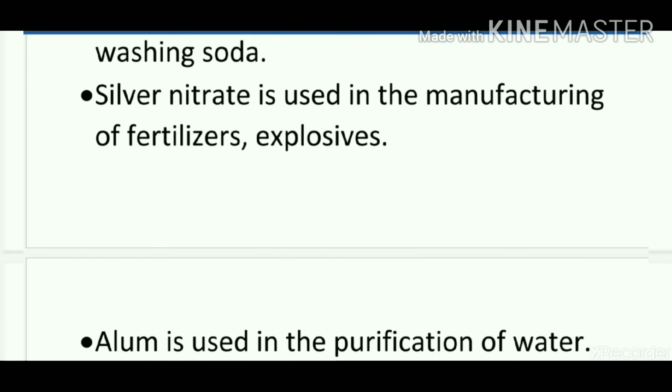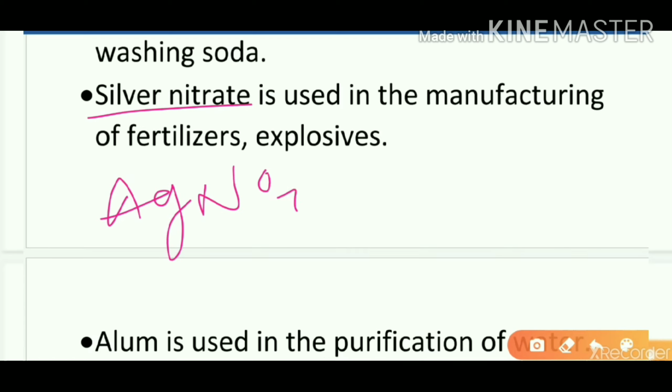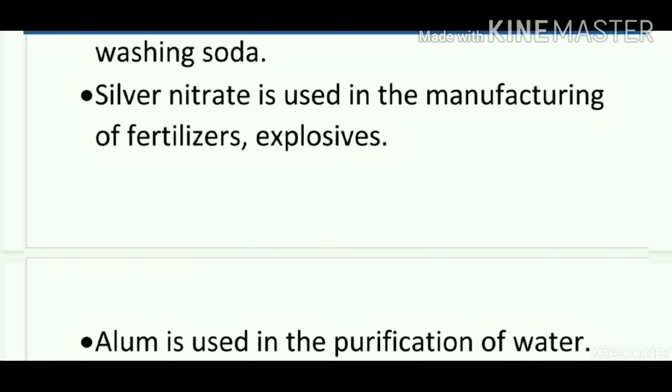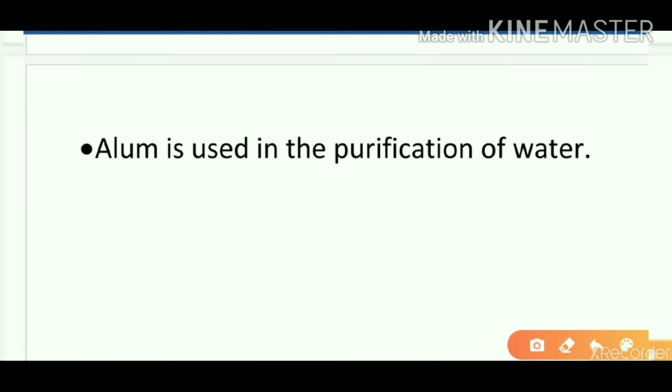Next, silver nitrate, that is AgNO3. Silver nitrate is used in the manufacturing of fertilizers and explosives. After that, we have seen the water of crystallization.